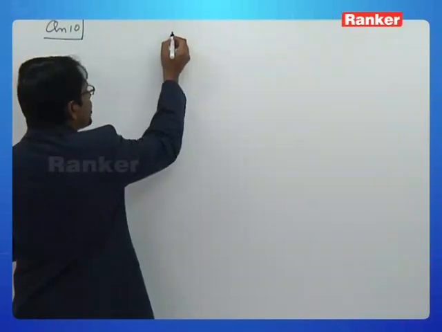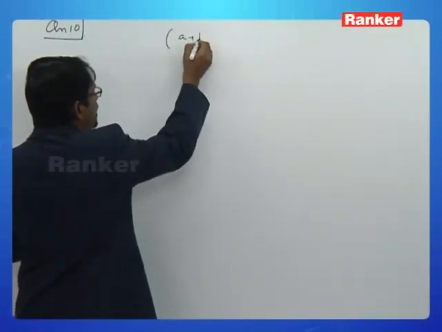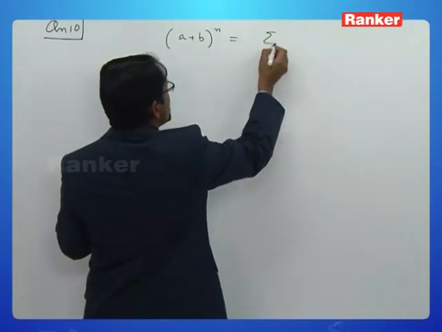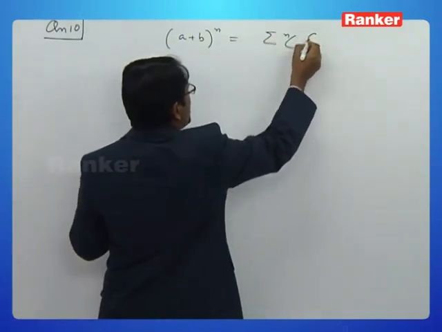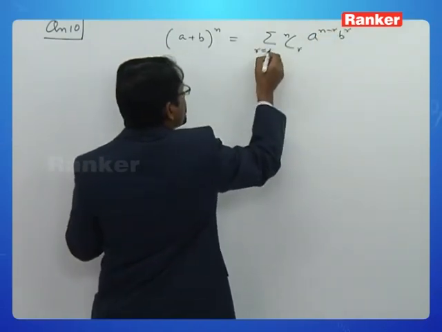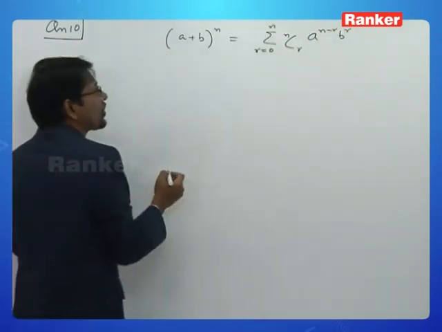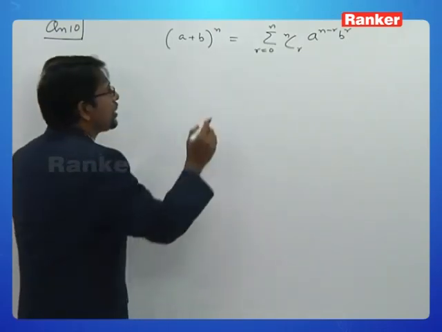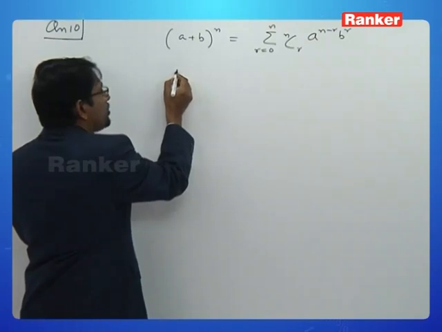Here, let's make a note of this. (a + b)^n has an expansion nCr a^(n-r) b^r, with r ranging from 0 to n. Now what is the second term?